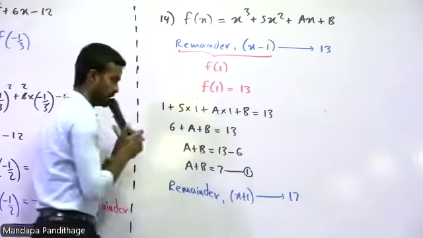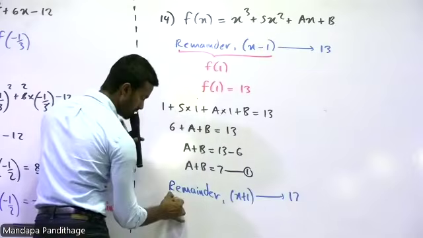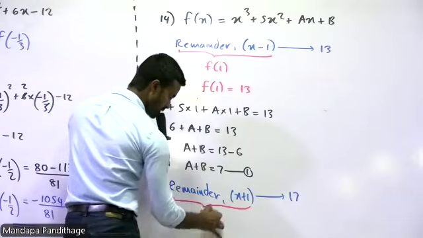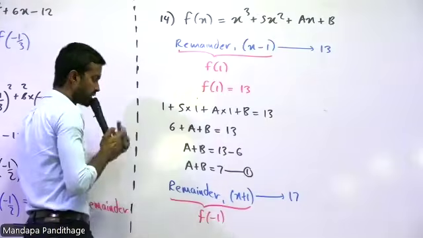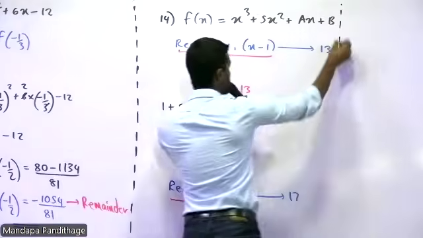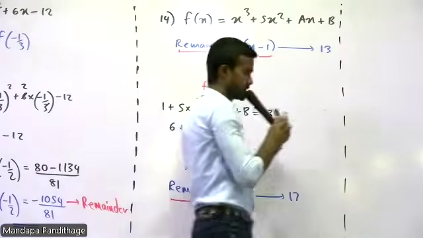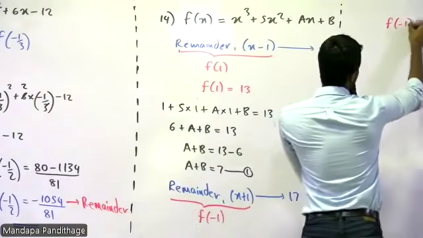But from the remainder theorem, when fx is divided by x plus 1, what is the remainder? It's f minus 1, which means I have converted this English phrase into a mathematical equation such that f minus 1 is equal to 17.